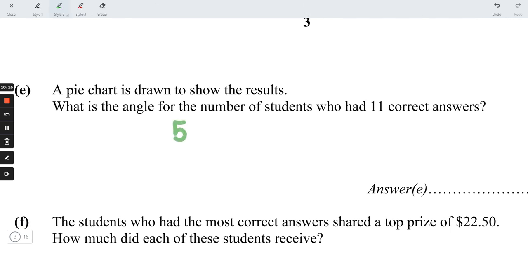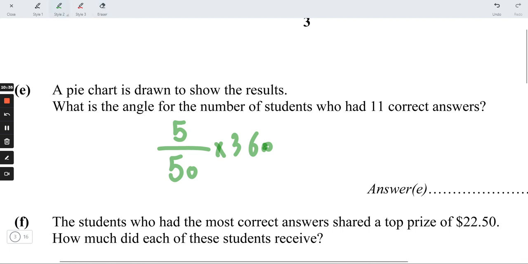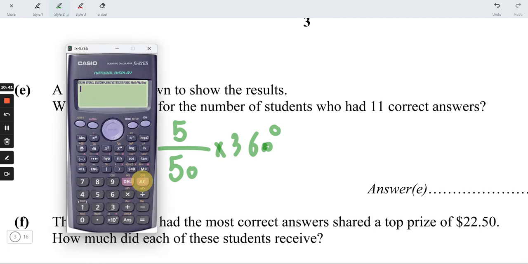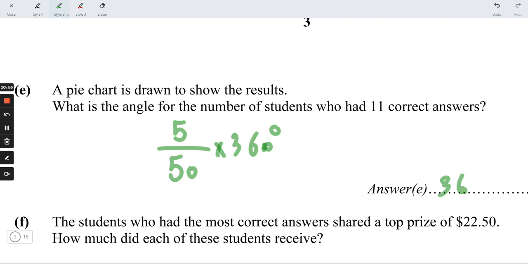We write 5 over the total number of students, which is 50, then multiply by 360 degrees. Using the calculator, 5 divided by 50 times 360 gives us 36. So the answer is 36 degrees.